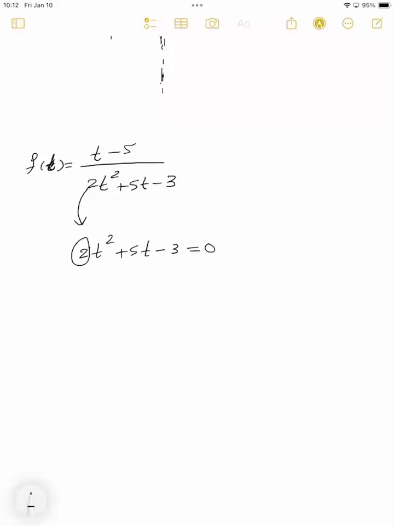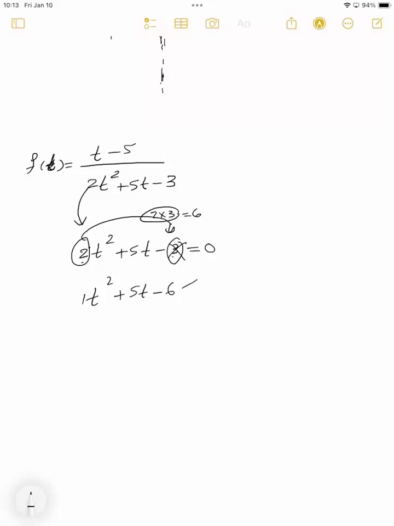Then we multiply 2 by 3 because this is a trinomial that the coefficient of t squared is not 1. So we turn it into a 1 by multiplying 2 by 3. We get 6. We change 3 to 6. And then we change 2 to 1.